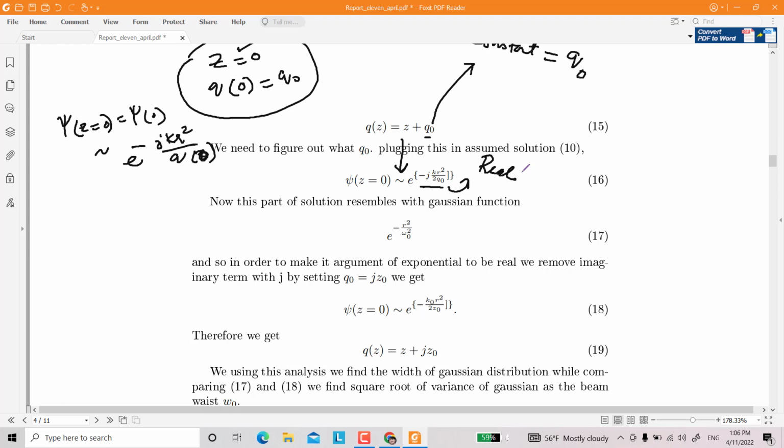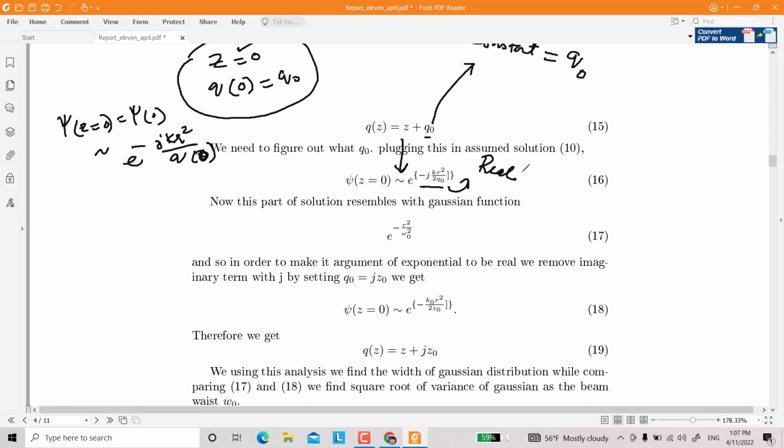Gaussian functions do not possess an imaginary argument of the exponential, rather a real one. Then the next thing that comes to mind is that this exponential function is going to give us the Gaussian intensity profile of the transverse beam.